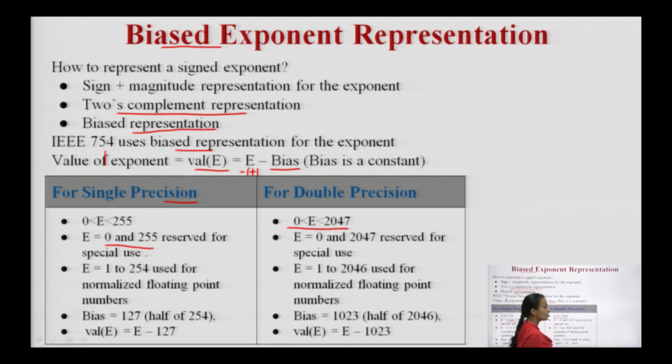So, 1 to 2046 I will be using, and the bias is taken as half of 2046, that is 1023, and the exponent is calculated as E minus 1023. In this case, we will be calculating for double precision values.